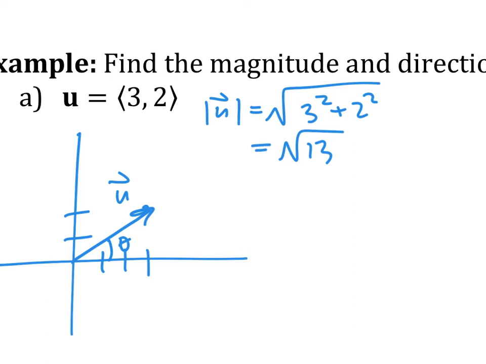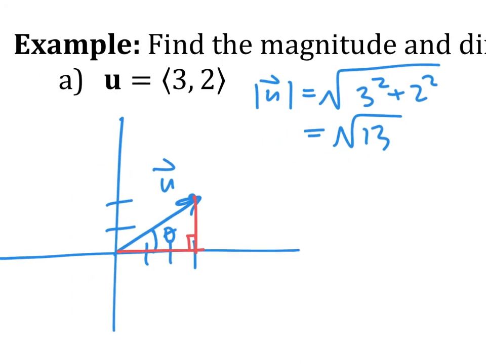Well, we know that again, we can draw a straight line down, and that creates a 90 degree angle, and then this basically creates a right triangle. So what we can do is talk about the lengths of this triangle. We can see that the horizontal length of the triangle is 3, and here is 2.